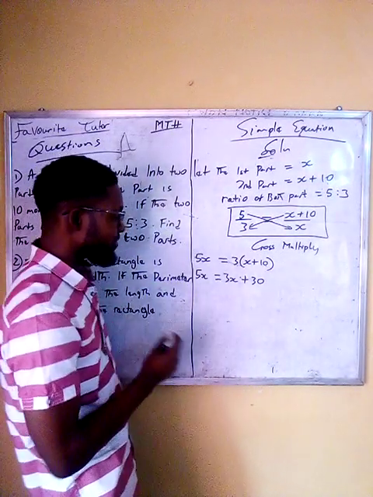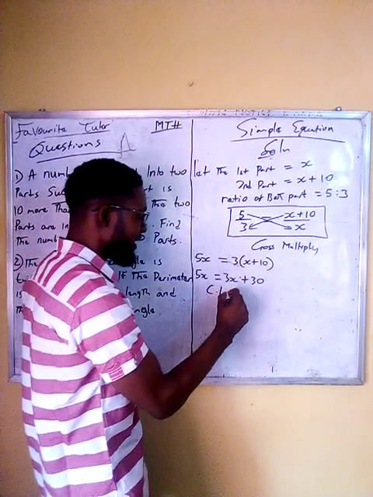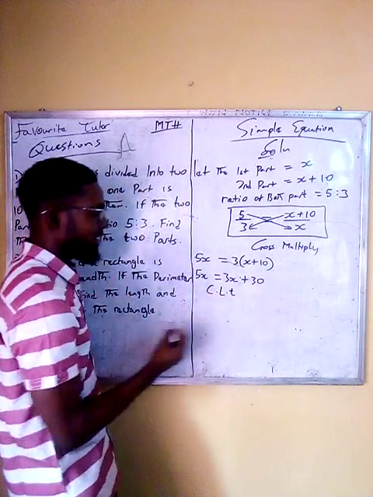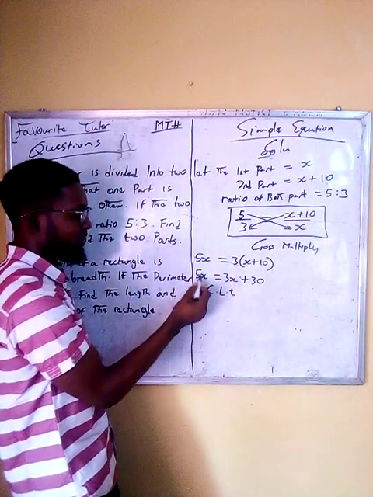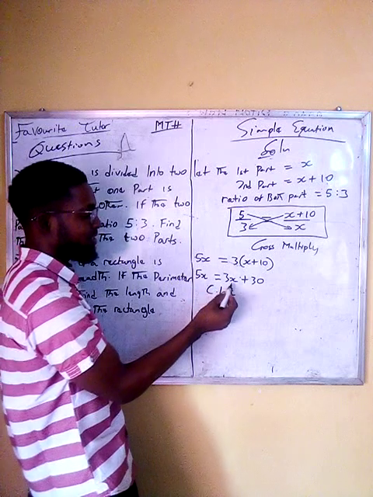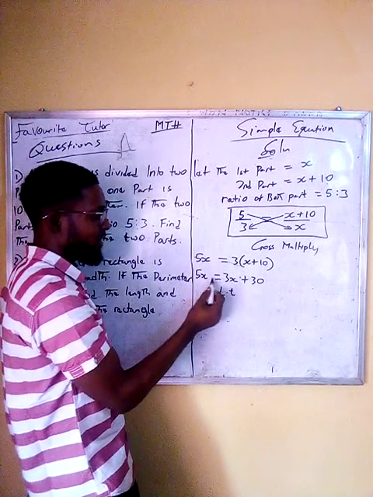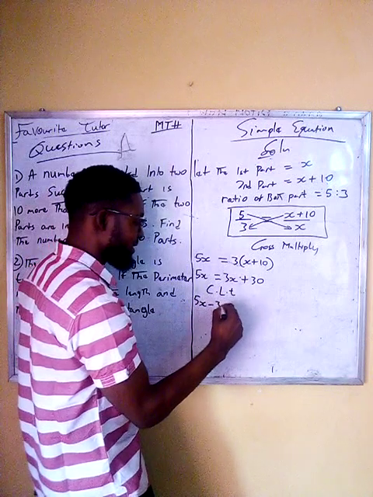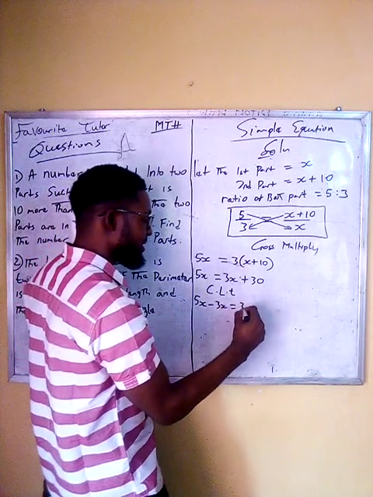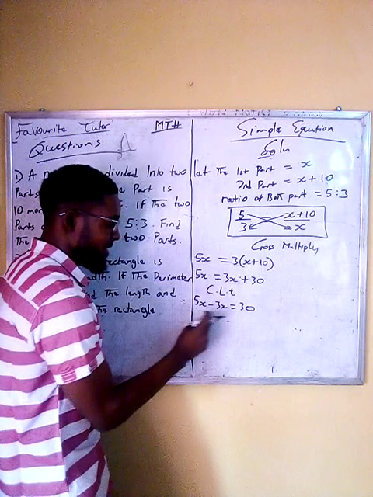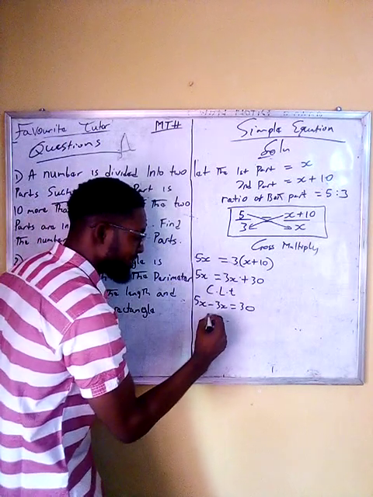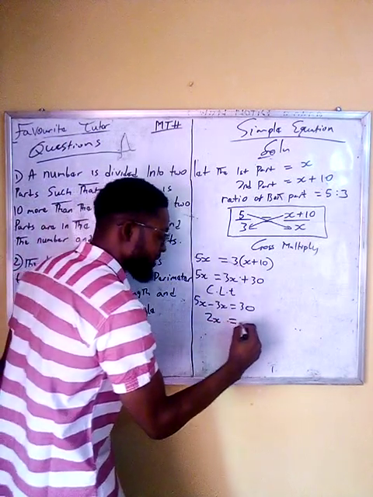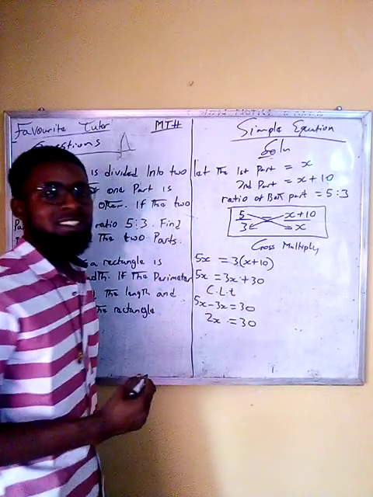We now collect like terms. So we take 3x to this other side of the equation. Right here it is positive; when you cross over, it is going to be negative. 5x minus 3x equals 30. So 5x minus 3x is 2x equals 30.